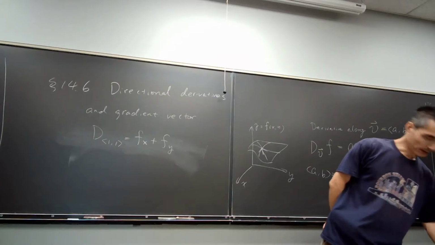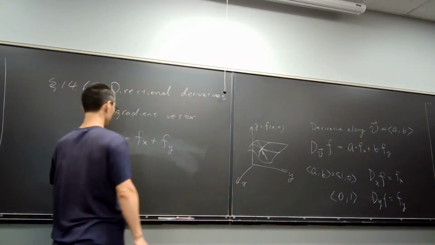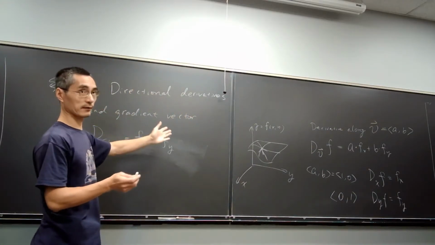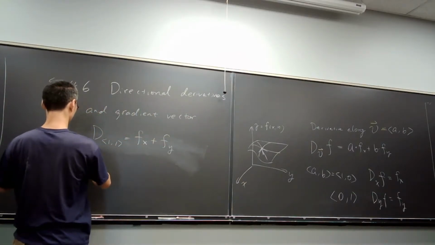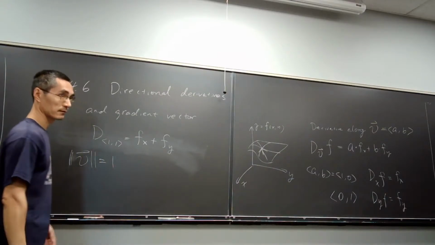Okay, so this is the derivative along a vector. We emphasize that this vector, in my case, is an arbitrary vector. But if you're talking about a directional derivative, v must be a unit vector.